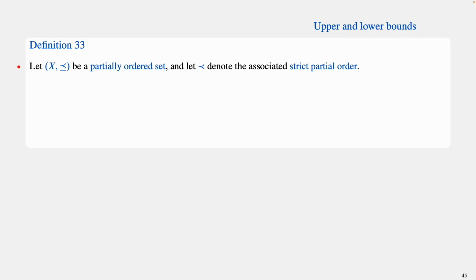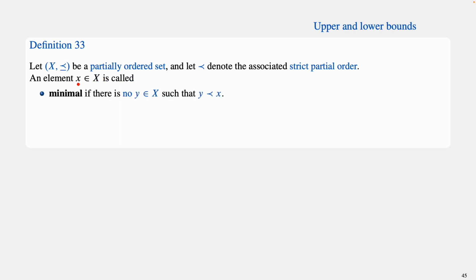And next, and the final topic in this lecture, are upper and lower bounds in ordered sets. So we assume we have a partially ordered set X with this partial order, and we let this denote the associated strict partial order. And I will just use the words less or equal and less again for these orders.